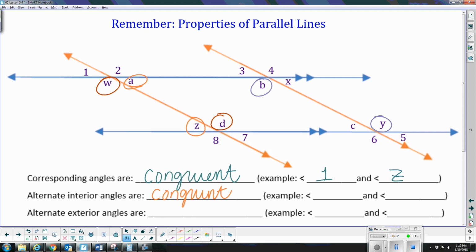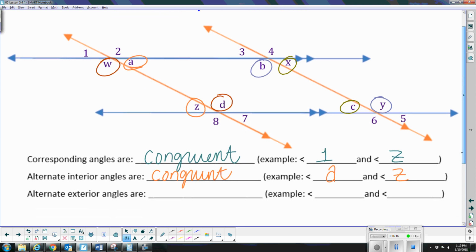B and Y is an example. Or X and C is another example. So alternate interior angles are congruent. I'm just going to write on here angle A and angle Z. But you can see all of these pairs up here.